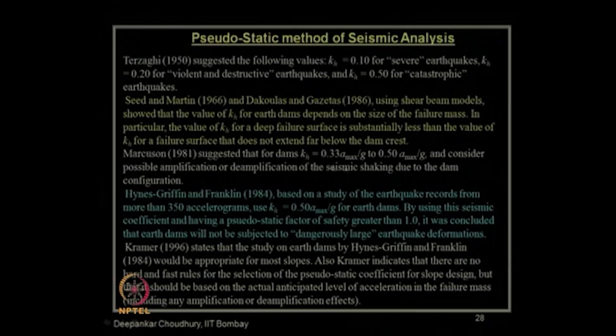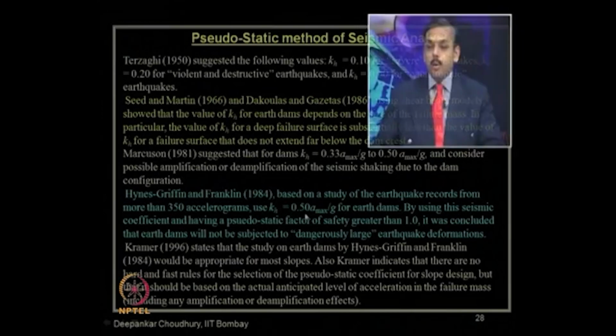Can you see these values, this coefficient 33% and 50% of that maximum value with some influence factor etc., which we have discussed earlier. Now, other researchers, based on their recorded 350 accelerogram data, Hynes-Griffin and Franklin in 1984 proposed that kh value should be used as 0.5 times A max by g for design of these earth dams.